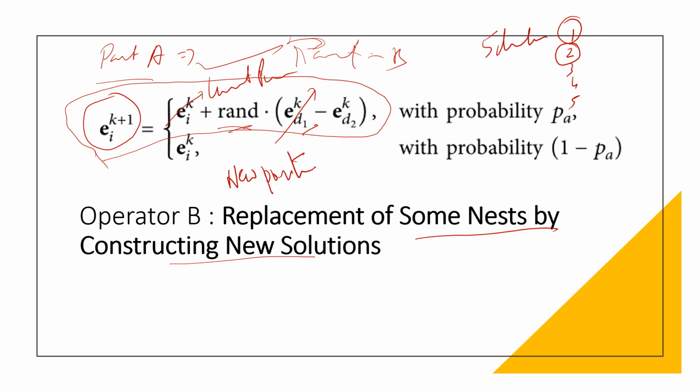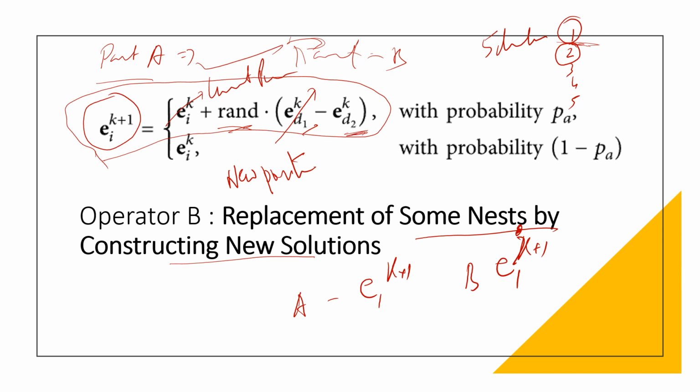So basically after part A we will have EIK plus 1. Again after part B we have another. Please do not get confused, these are not new values, but the first value of the solution and the fifth value, but in this case the second value of the solution.